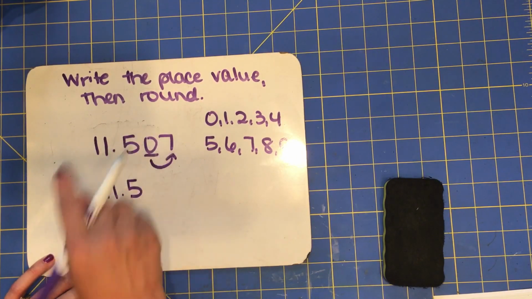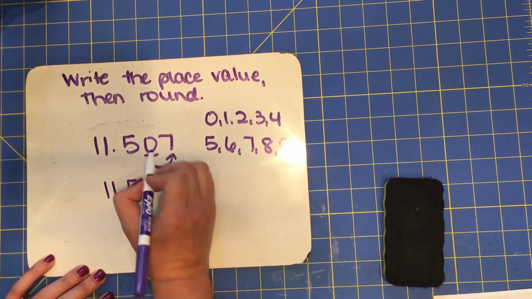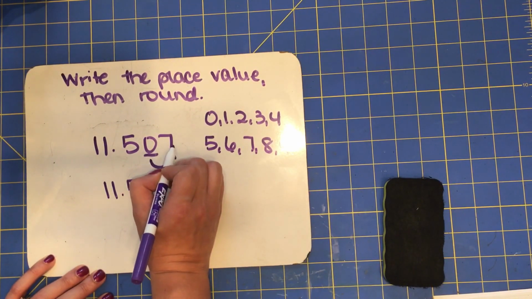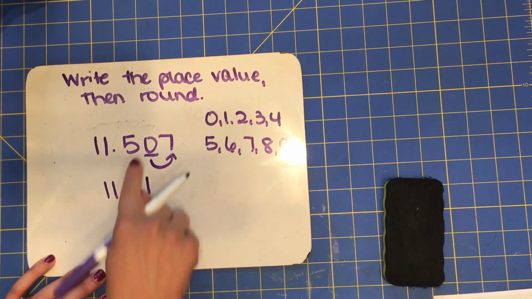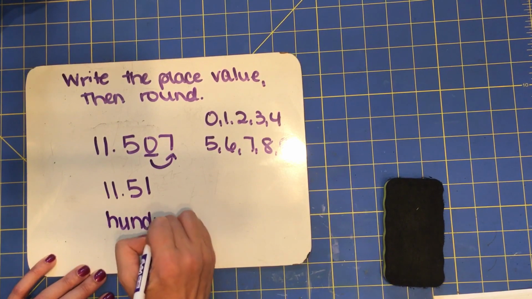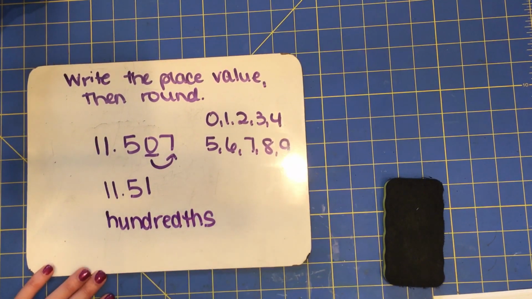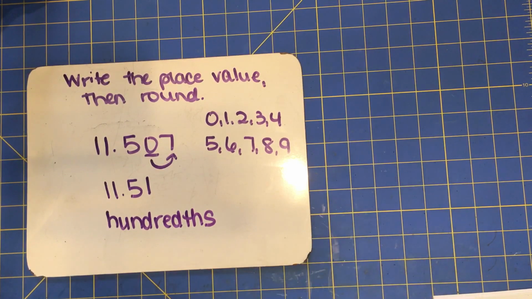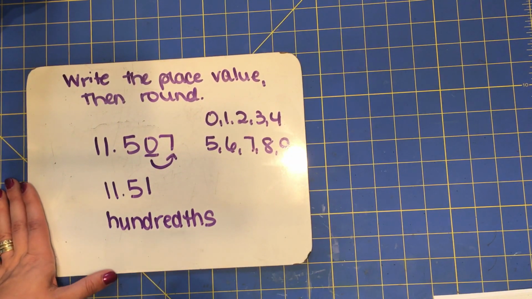Nothing about the rest of this number changes, only the digits to the right of it. So since I'm pointing at a 7, that tells me this 0 is going to become a 1, and I just rounded this number to the hundredths place. So I get 11 and 51 hundredths when I round this number to the place value that was underlined.